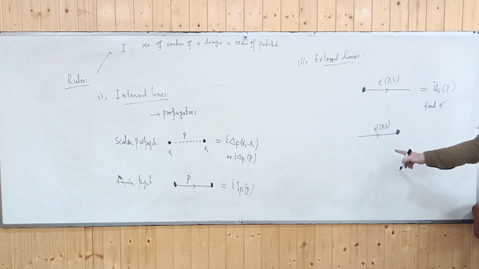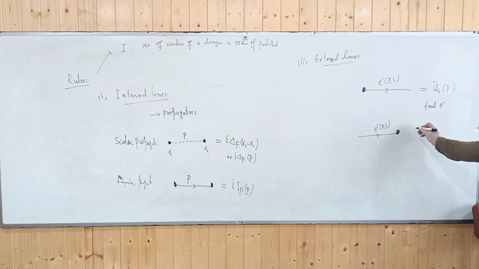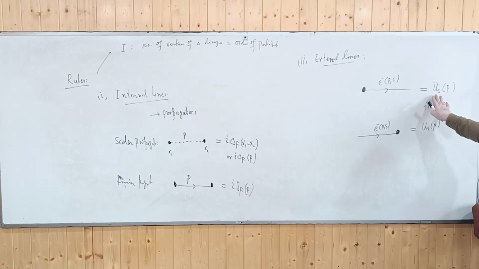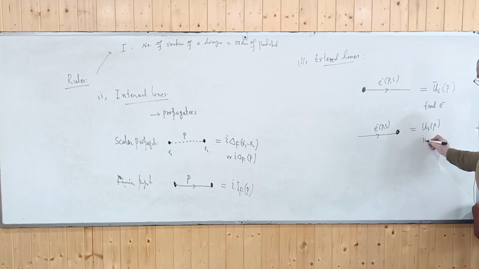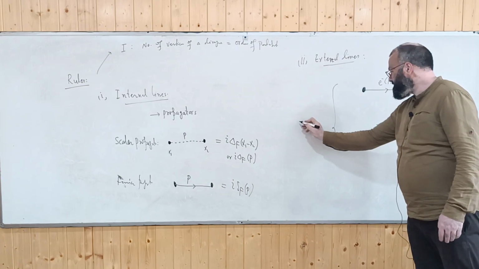So what it means? This is now the initial state, an initial particle. So this I write as US. So the factor corresponding to these lines are what? U bar and U. So these are our initials.